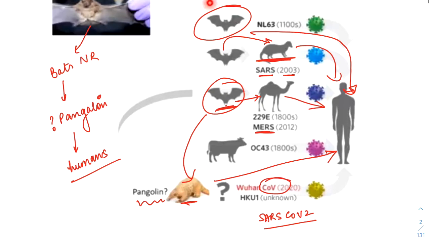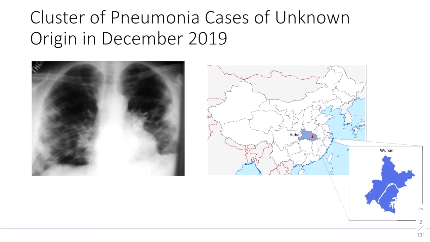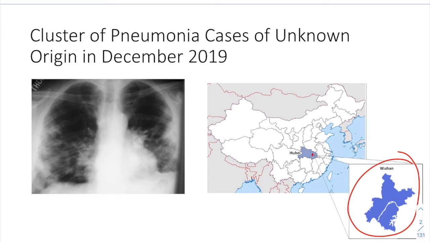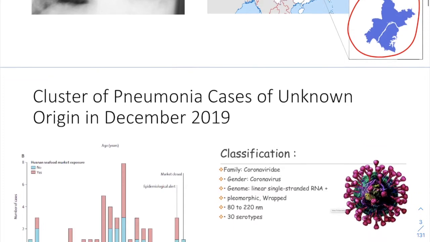In December 2019, a cluster of pneumonia cases originated in the Wuhan district of the Hubei province of China. These pneumonia cases were of unknown origin because they were not caused by any of the previously known viruses.